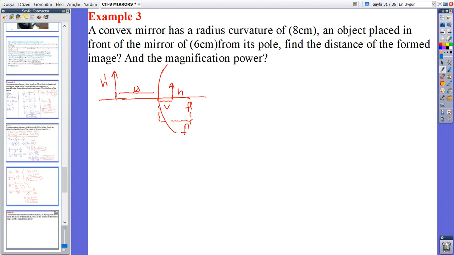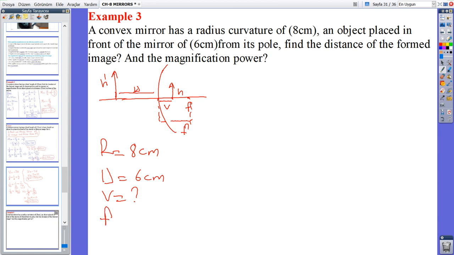It first gives radius equals 8 centimeters, and an object placed in front of the mirror at 6 centimeters. So u equals 6 centimeters.